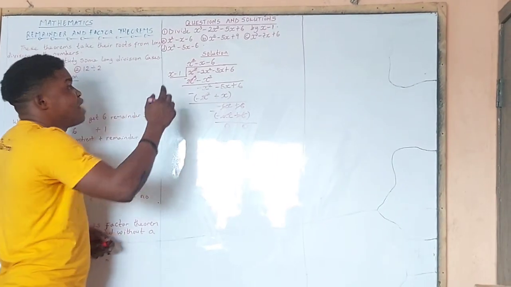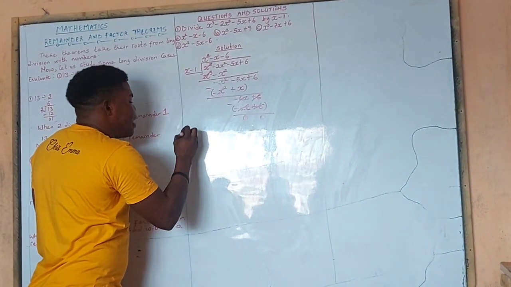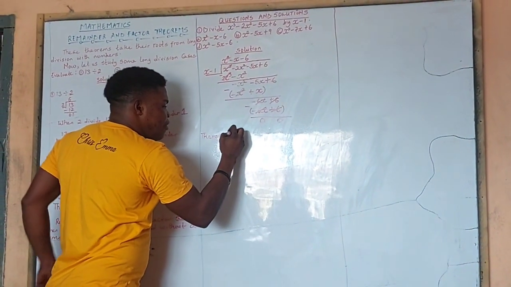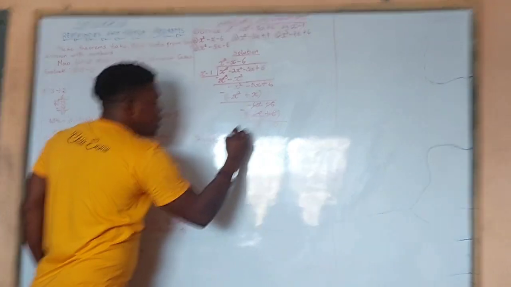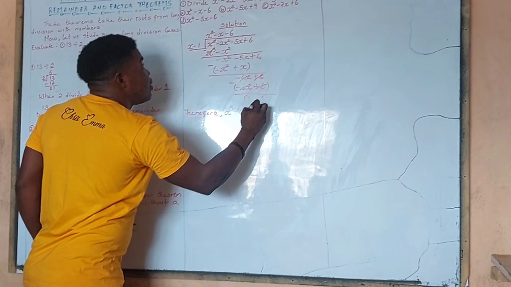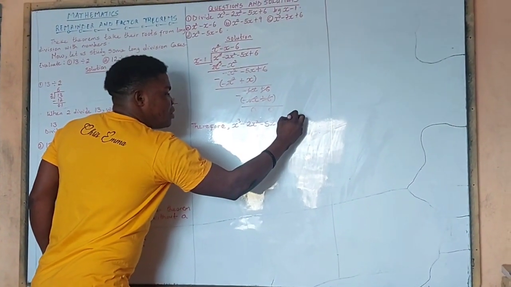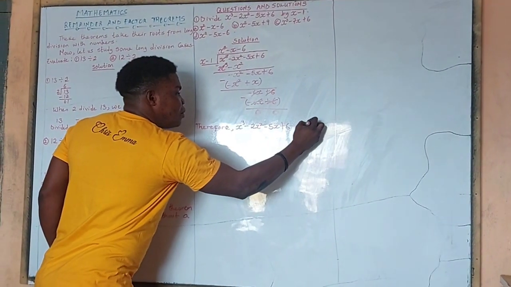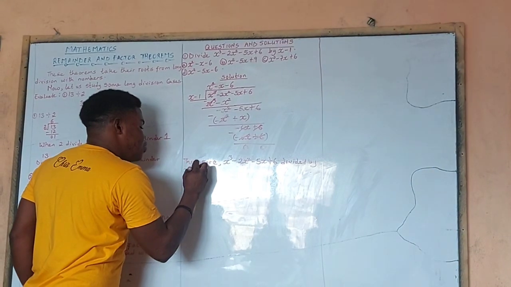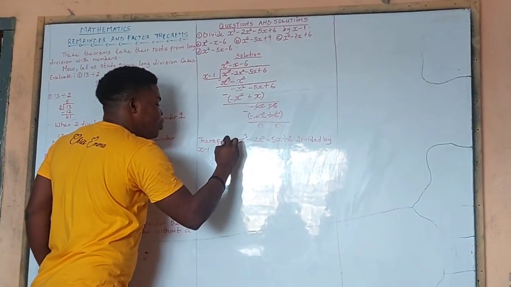Now definitely they asked us to divide, so we have our quotient. So our final answer is, therefore, x cubed minus 2x squared minus 5x plus 6 divided by x minus 1 is equal to, you write your quotient out, which you get on top.